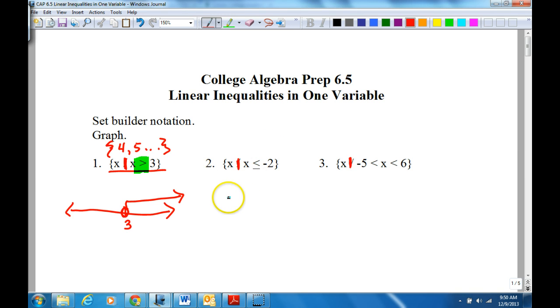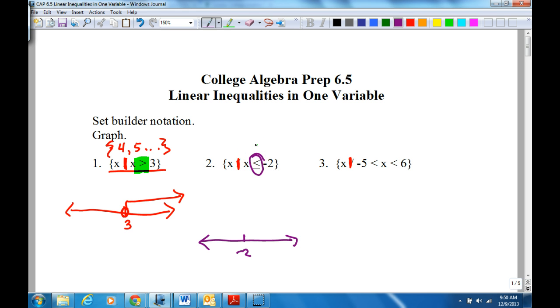All right. So number 2, we have x such that x is less than or equal to negative 2. Make myself a little graph and then put my negative 2 here. So this is a less than or equal to. So what kind of circle is it going to be?